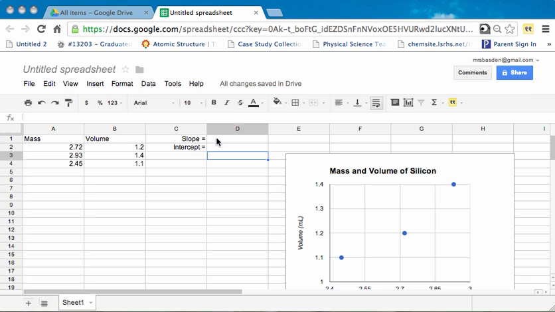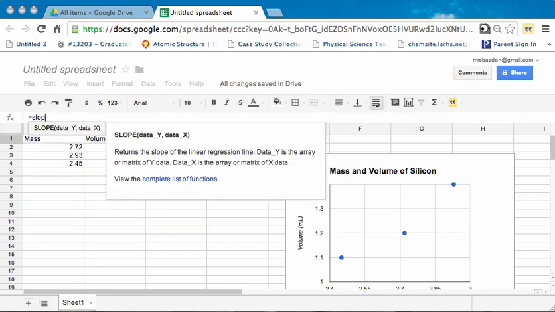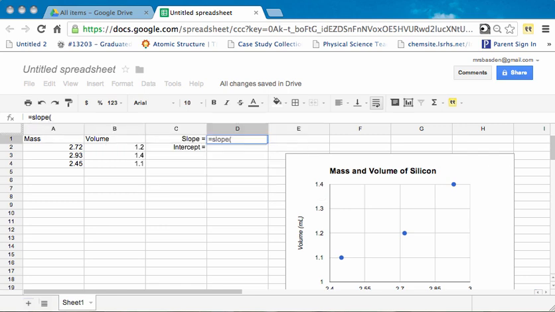And then, okay, so then once you do that, I'm going to go up to the function bar here and tell it how to calculate slope. So I'm going to put in the mathematical function for that. So I'm going to do equal sign SLOPE, and then I'm going to tell it where to get that data. So I'm going to do y over x, so volume is my y, and your y is going to be in that second column also. I'm going to do B2 colon B4, and you're going to choose however far down this goes.